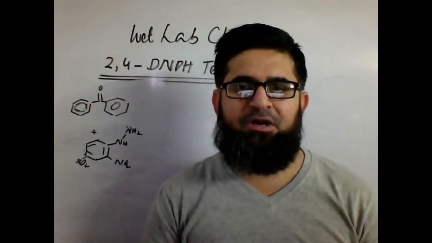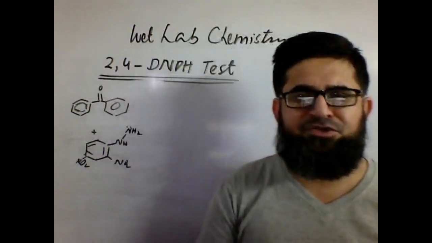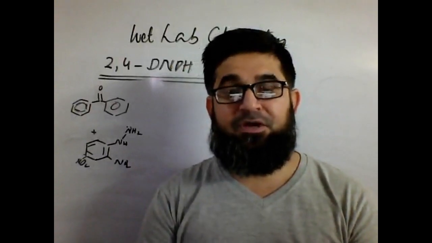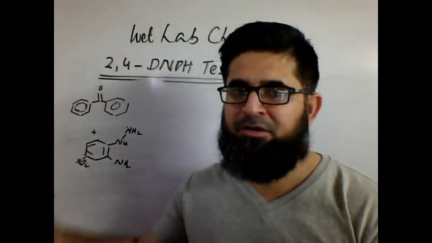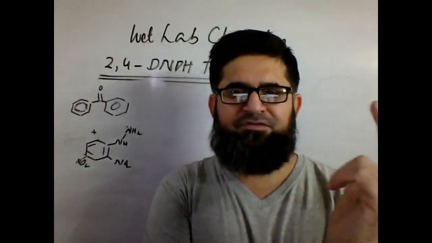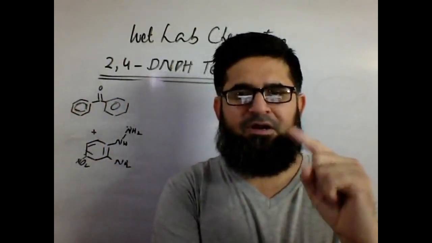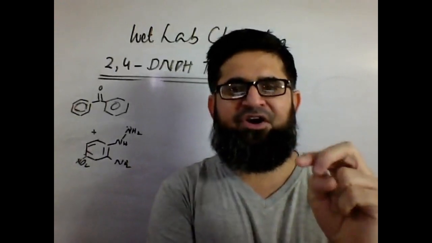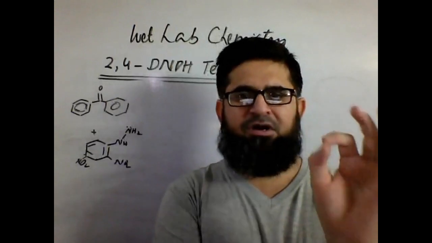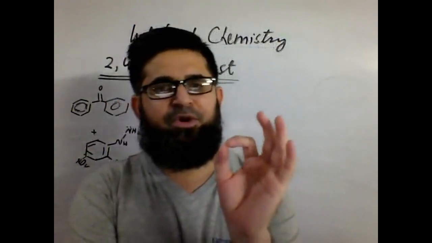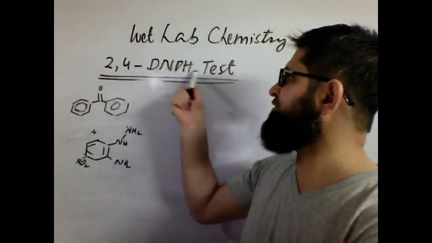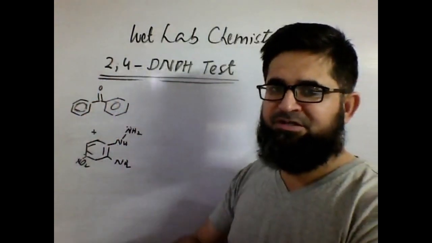As usual, you need to start with the litmus solution. The litmus solution will confirm, yes, that the given compound is neutral. If it is neutral, then two things will come into your mind, either a carbonyl compound or a carbohydrate. So at the outset, we need to hunt for the carbonyl compounds, and those carbonyl compounds could be confirmed by the 2,4-DNPH test, what I am discussing at the moment.